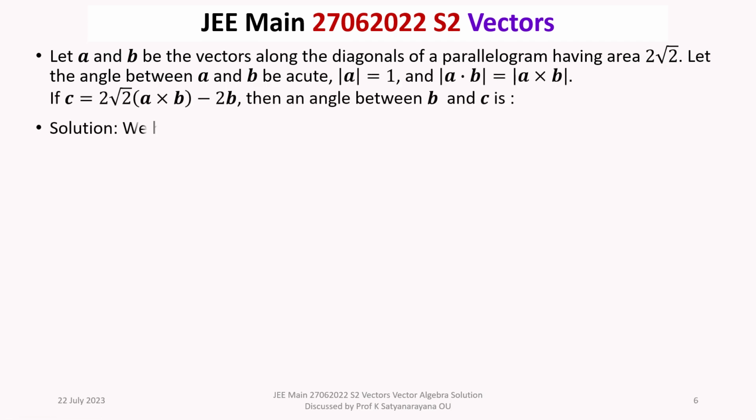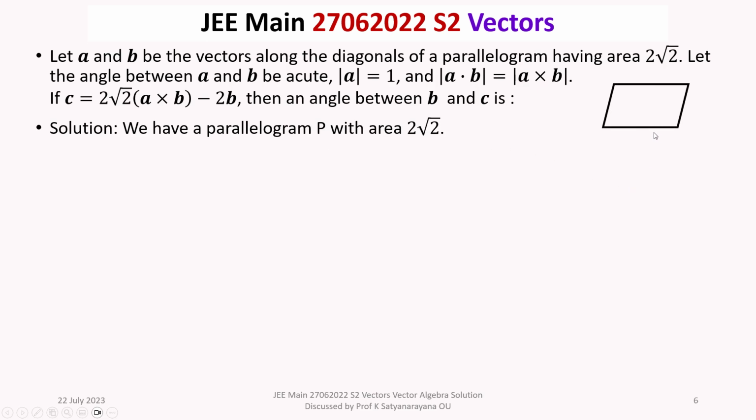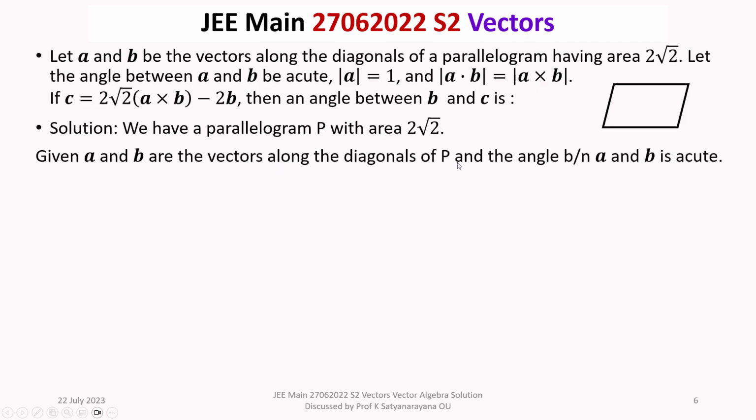We now discuss the solution of the problem in detail. We have a parallelogram P with area 2 root 2. Given A and B are the vectors along the diagonals of P, and the angle between A and B is acute.